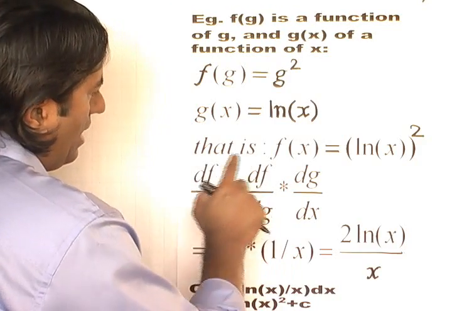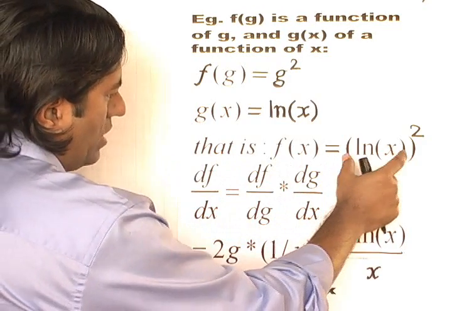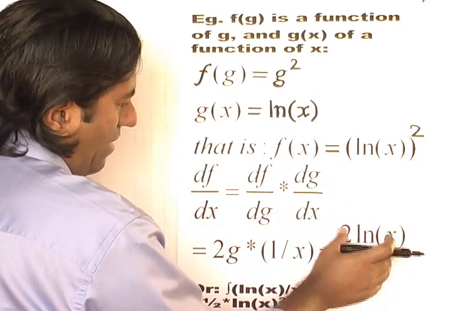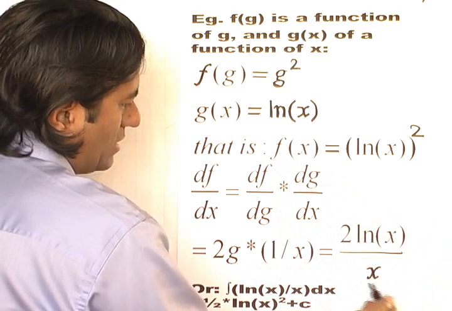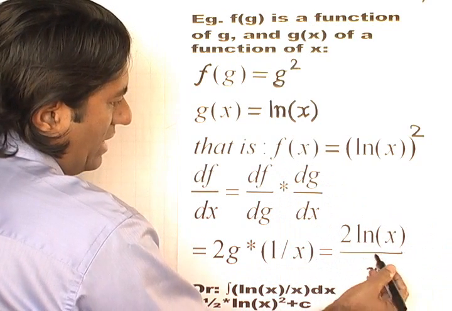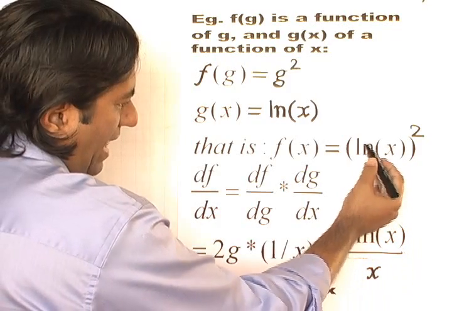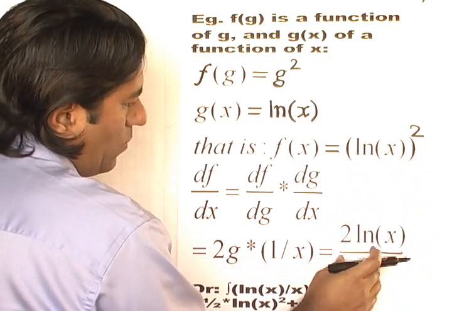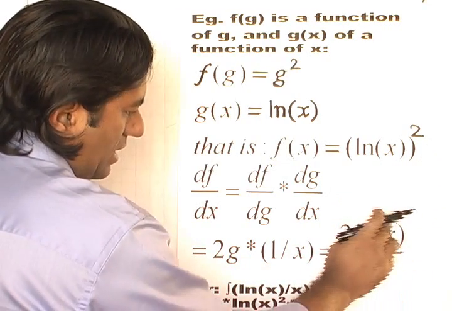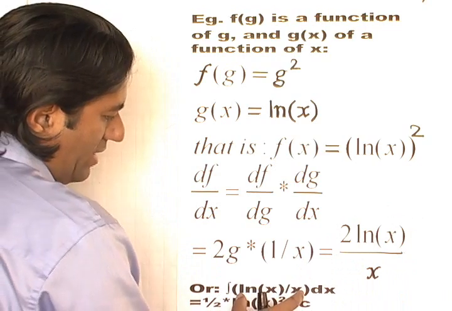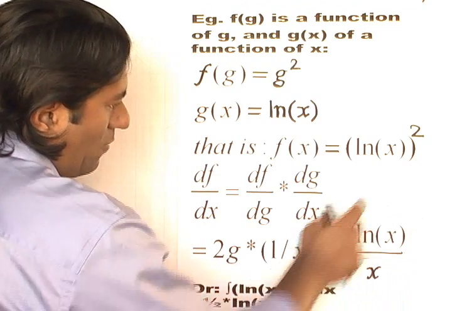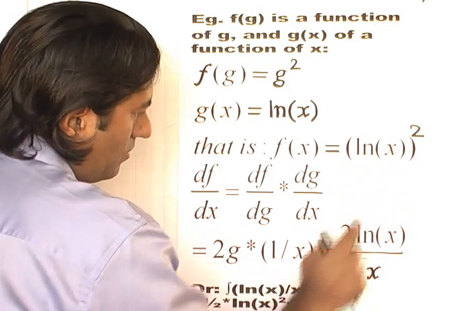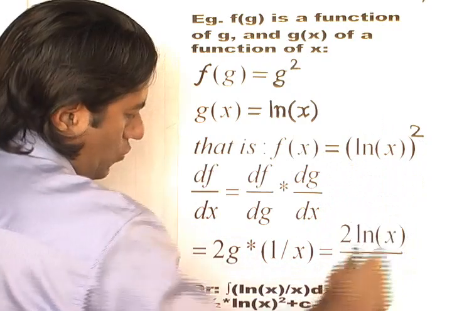Because if you have f(x) equal to (ln x) whole squared, and the derivative of that is 2 ln x by x, then the derivative of (ln x) whole squared divided by 2 would be equal to ln x by x, and then the integral of ln x by x would become this quantity divided by 2.